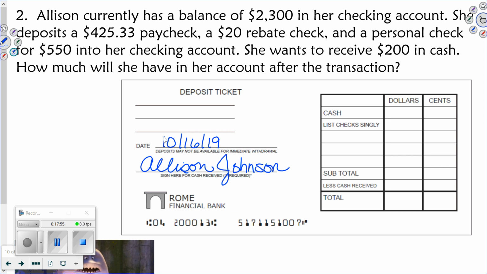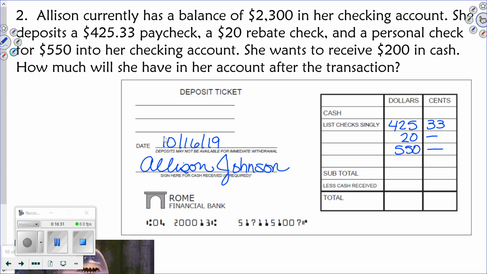All right, so any cash to start with? Did we have cash to deposit? No. So we are depositing $425.33, $20 rebate check, and a personal check for $550. Those are the three things she's depositing.